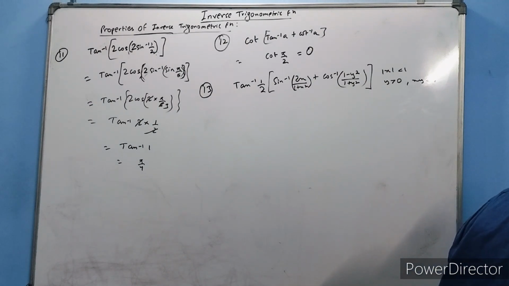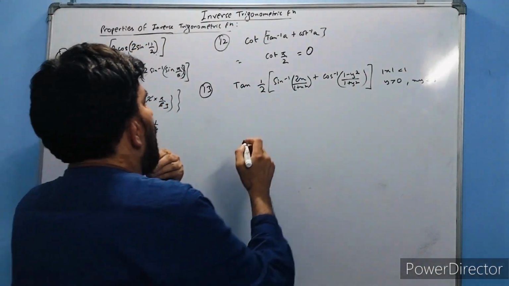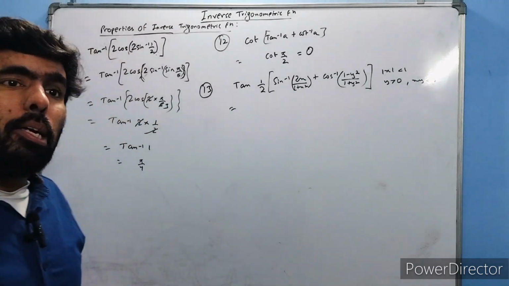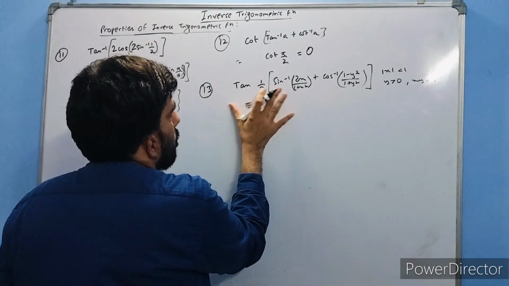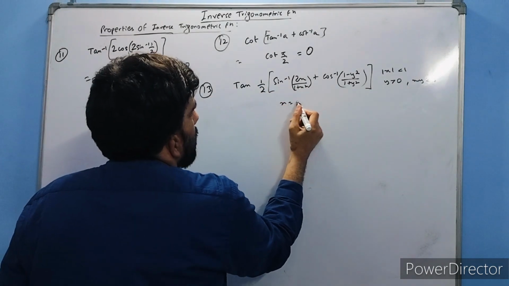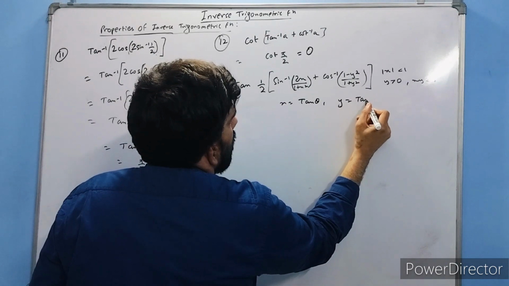So now let us try to solve this. They have given tan of half, so now we'll try to solve this kind of function. To simplify it, what we can do here is put x equal to tan theta and y equal to tan phi.